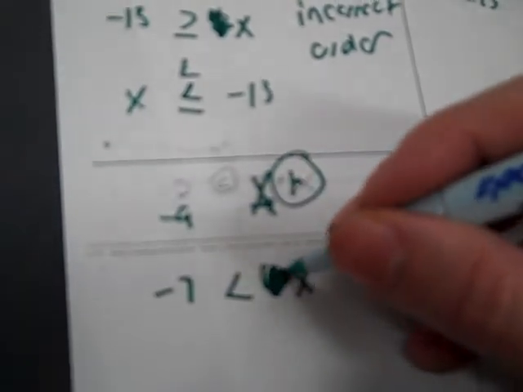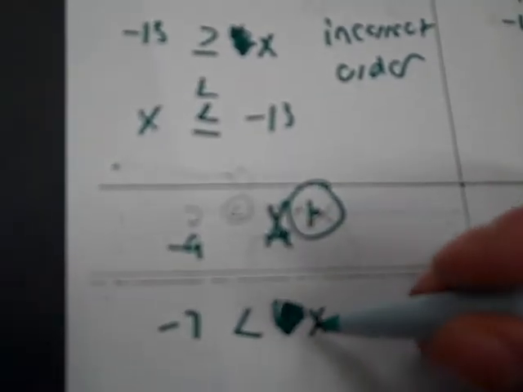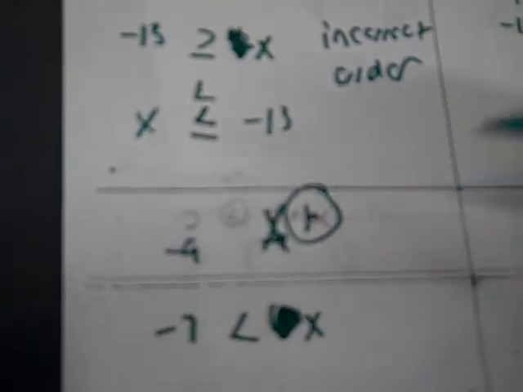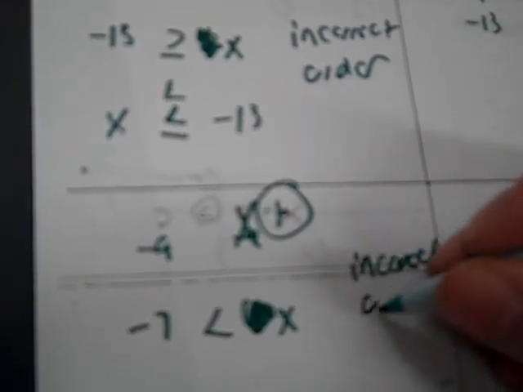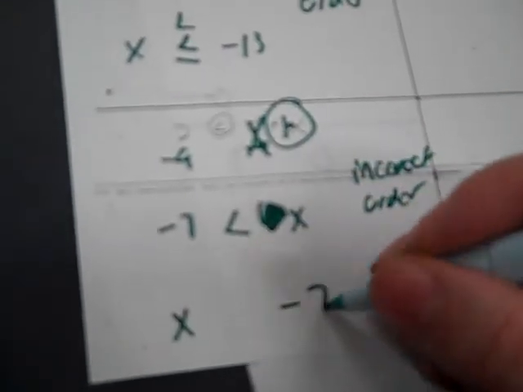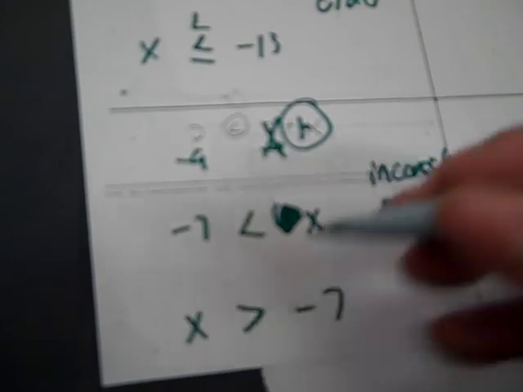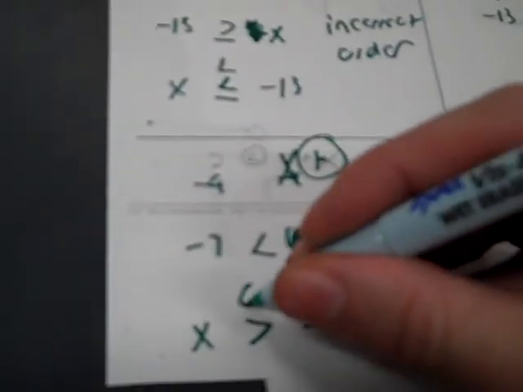We can take the 1 away, but again, the x should come first, okay? So that's incorrect. Your letter needs to be listed first in the end. So x, negative 7, and we're going to flip that, okay? So that sign ended up being greater than. Okay, so negative 7 is the critical number. It's not going to be equal to, only greater than. So there we go.